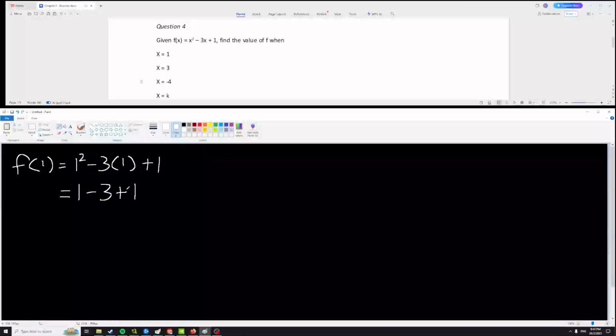So it's basically 1 plus 1, then negative 3 plus 2 is negative 1.